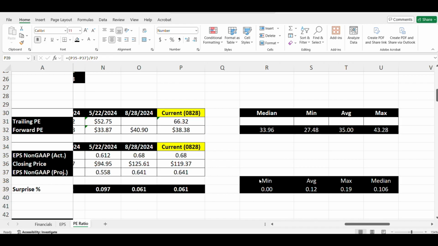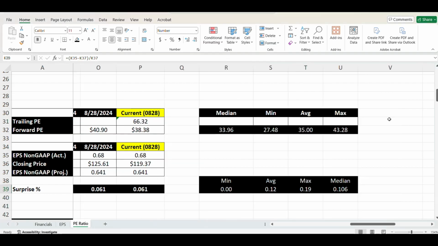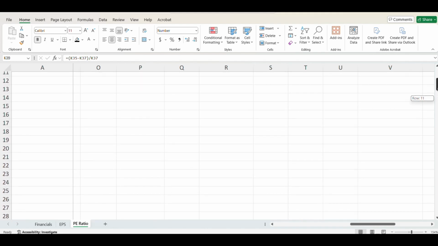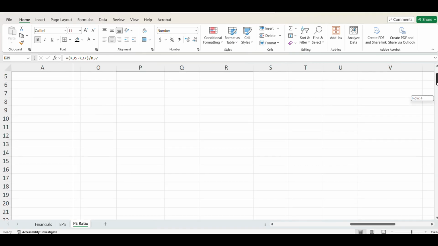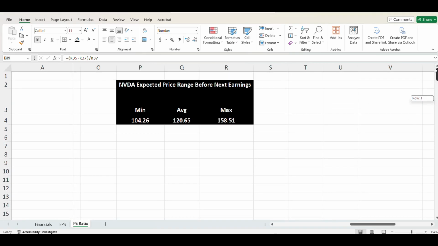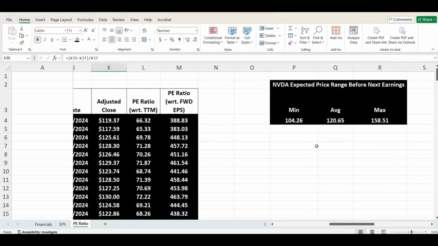And I also updated the min, average, maximum, and median earnings surprise percentages for the last 7 quarters because those quarters are more relevant. So now I have all the data ready to calculate the min, average, and the maximum price for Nvidia that should be valid before the next earnings. I did the math already. Let me go over the numbers with you.